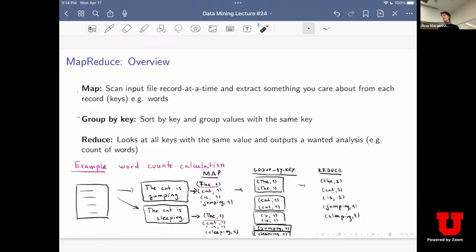But for many problems, finding this design, finding what the keys could be, and how to then reduce them is not straightforward. And that's the crux of applying MapReduce to a new problem, finding what those keys could be and how you can reduce them.